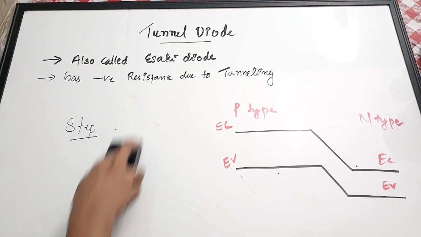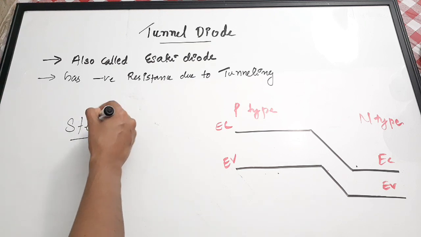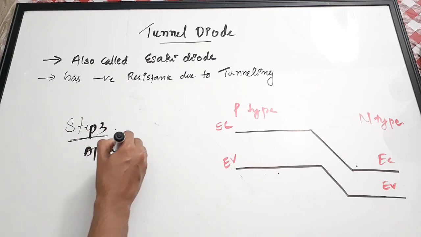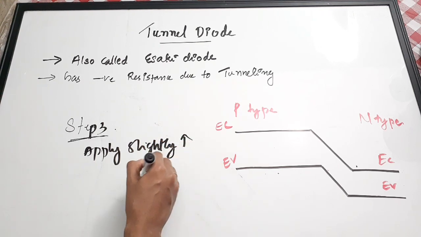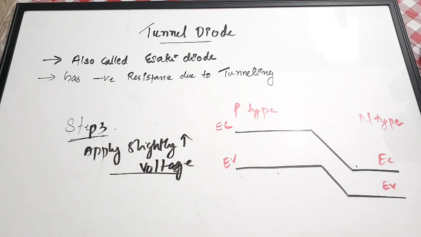Here a small current is generated, right? In step 3, we are going to apply a slightly increased voltage than the previous one. Okay, so here the voltage value we have increased, and the tunneling will be at its maximum stage.